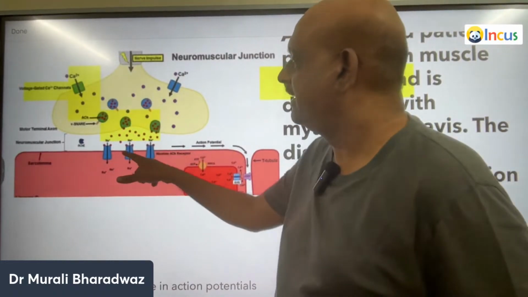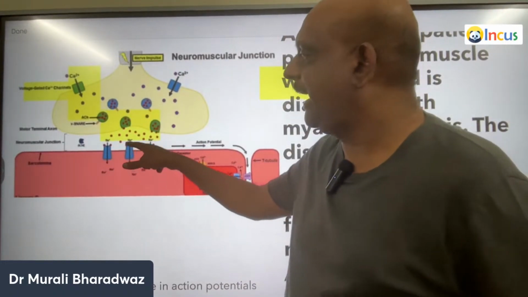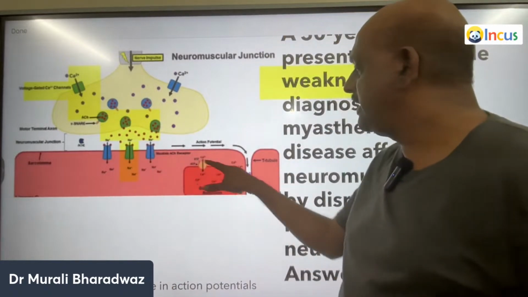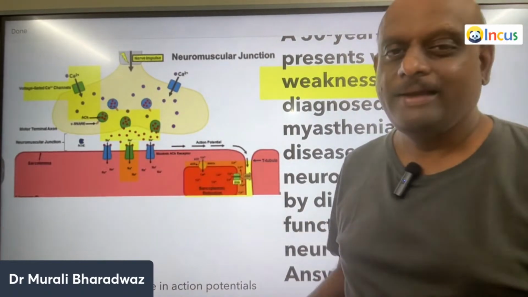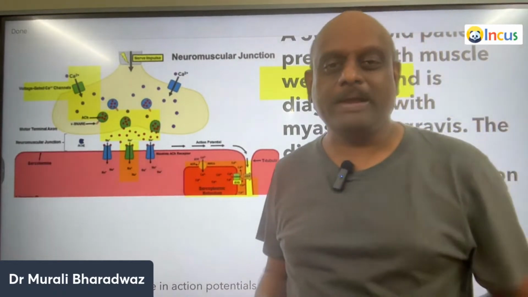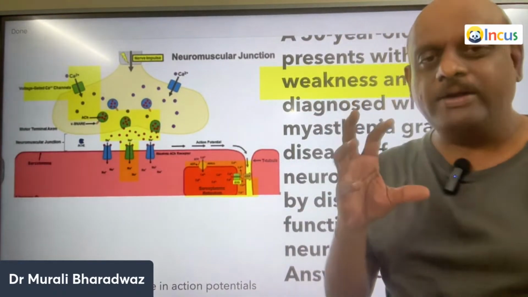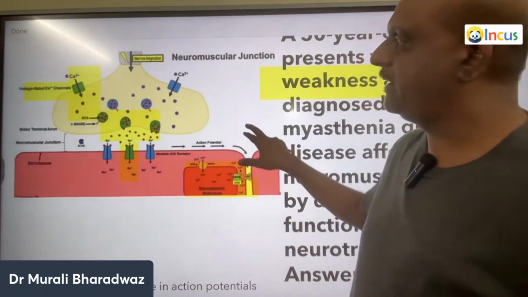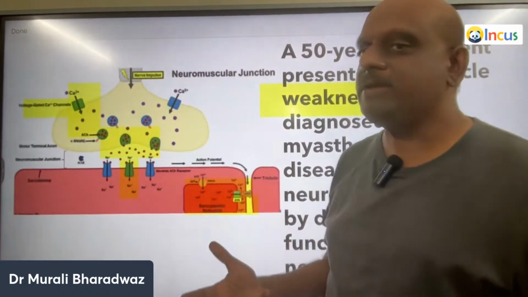Acetylcholine in turn will cause sodium to move in and initiate the action potential by releasing the calcium across the T tubule, leading to skeletal muscle contraction. So that is the reason you need to remember this entire chain. Where is myasthenia gravis?